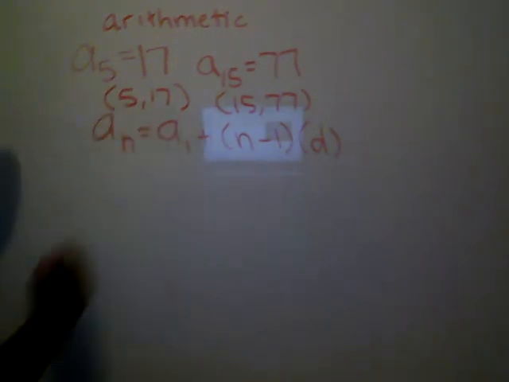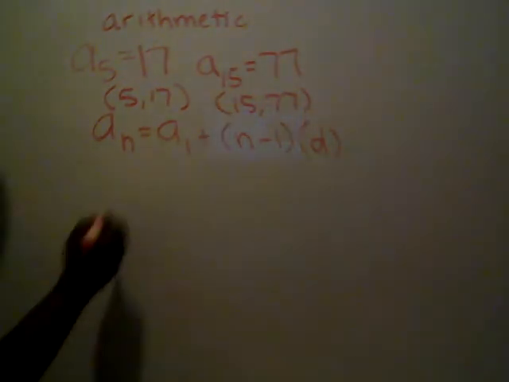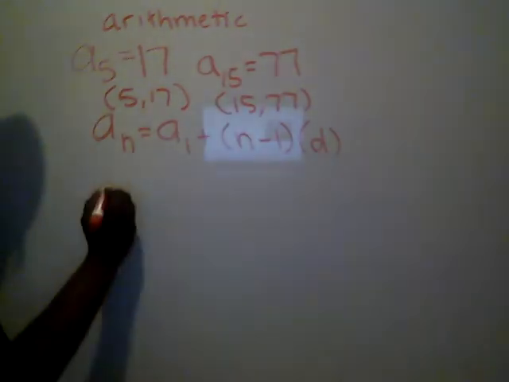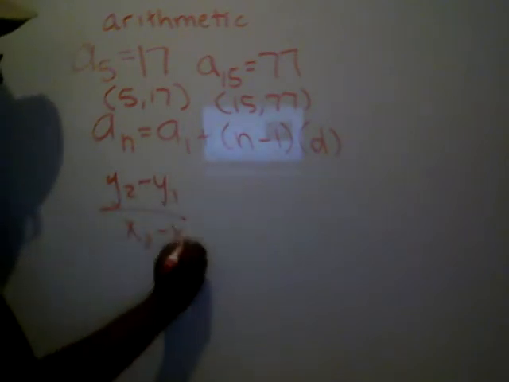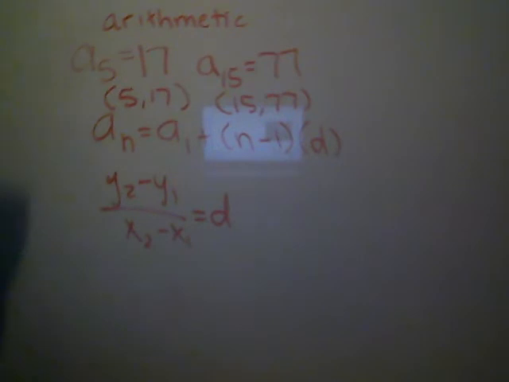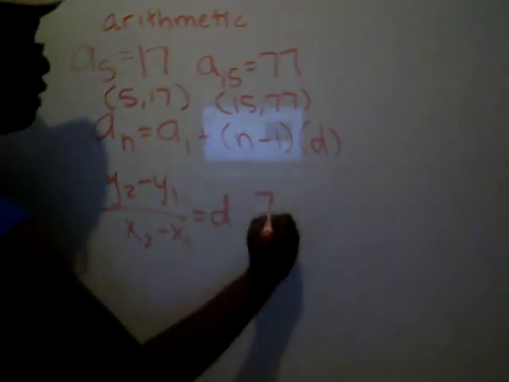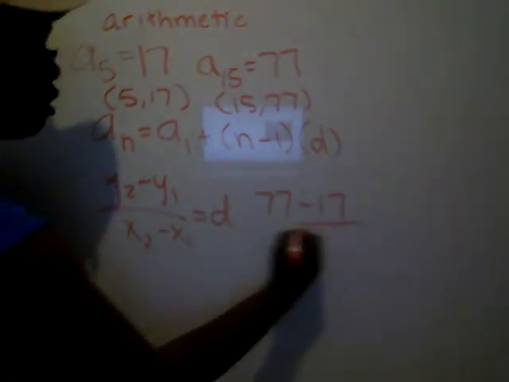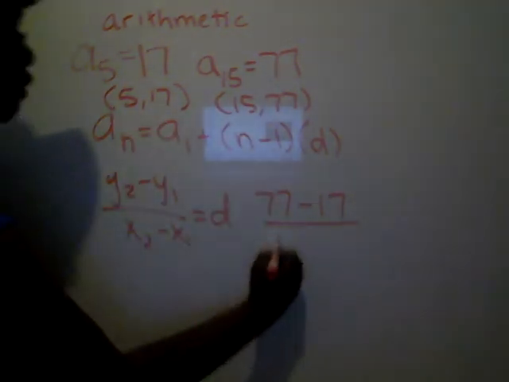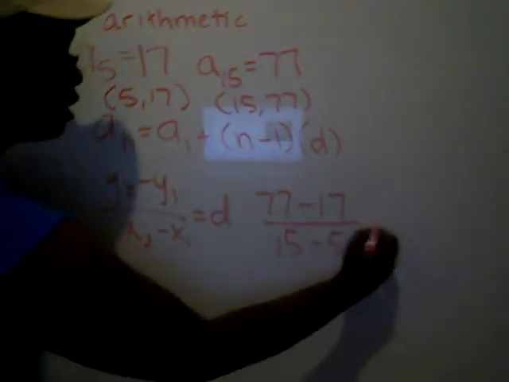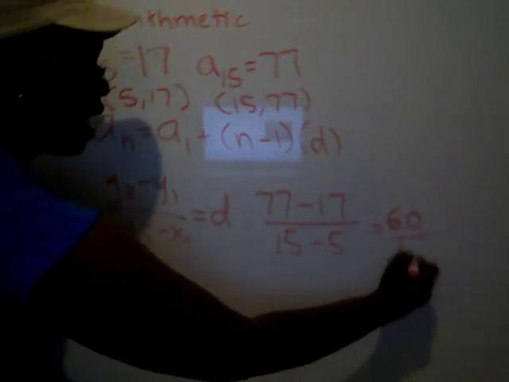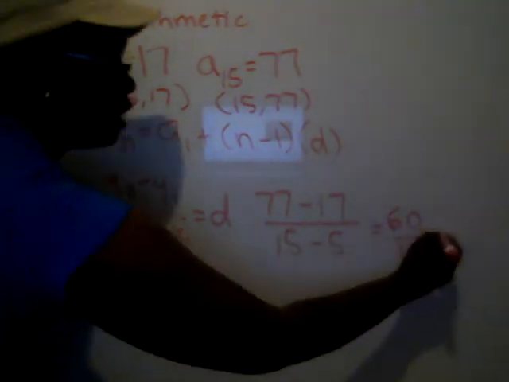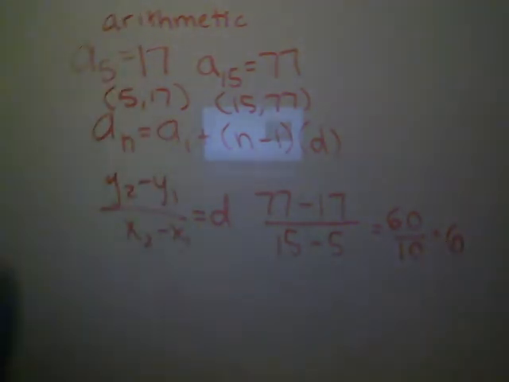So we can use that slope equation: y2 minus y1 over x2 minus x1, and this will help us find the d value. So if we do 77 minus 17 over 15 minus 5, we would get 60 over 10, which gives us 6. So that is our d value.